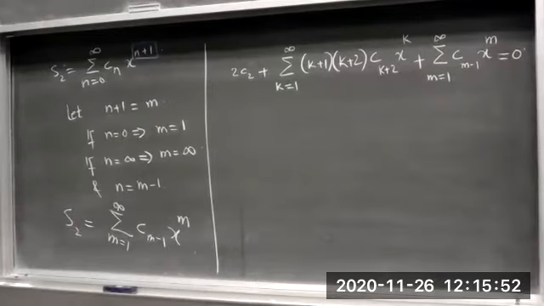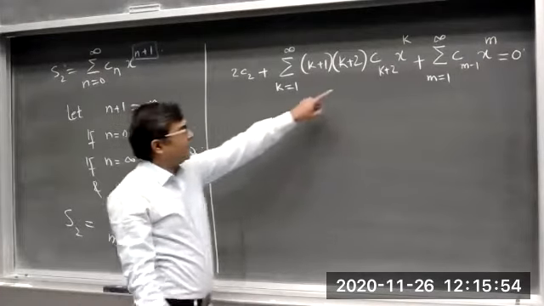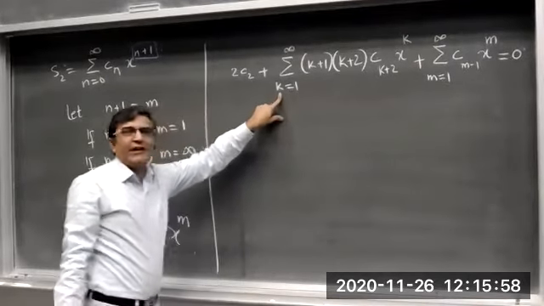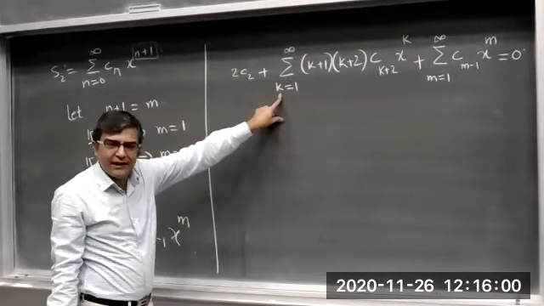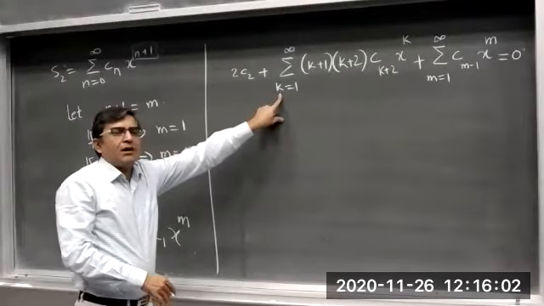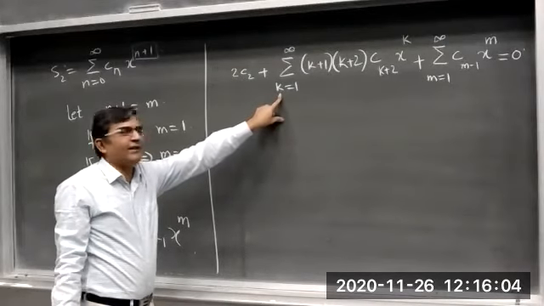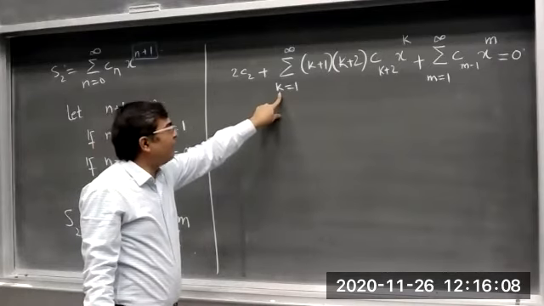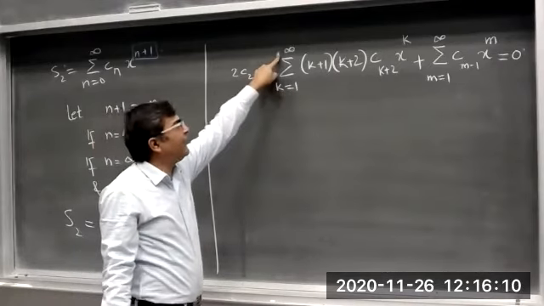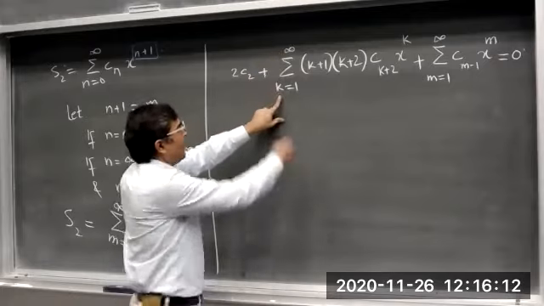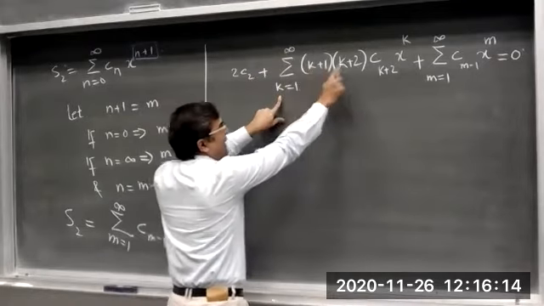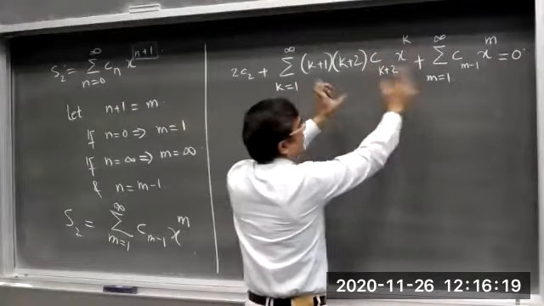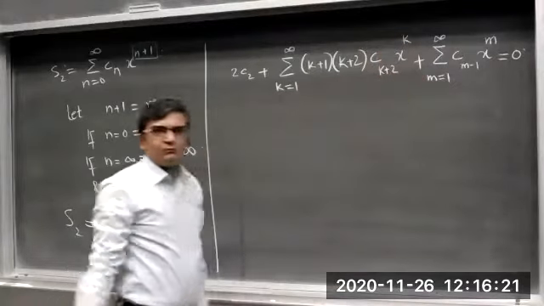Now, one thing you need to remember is that in any series, the summation index is a dummy index. You can replace this dummy index with any other alphabet. Meaning if here we have k from 1 to infinity, we can write here m from 1 to infinity, m c m x power m, so that both series become identical.